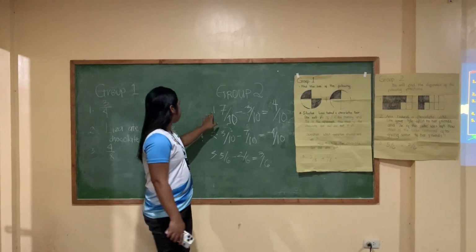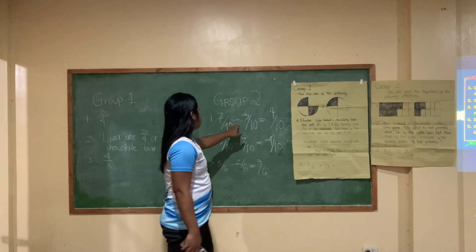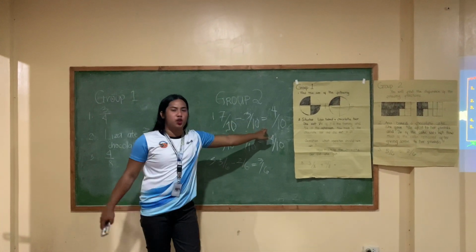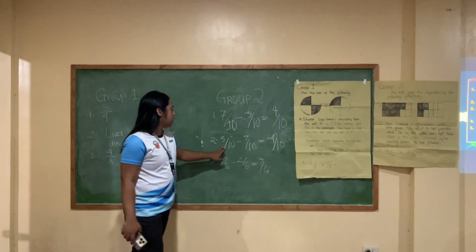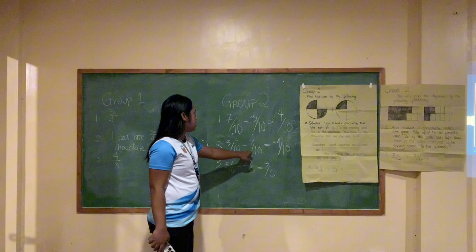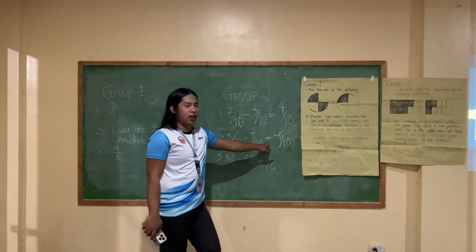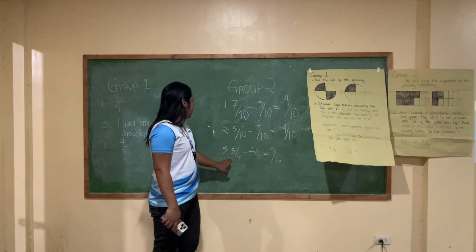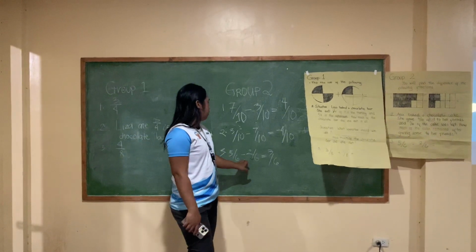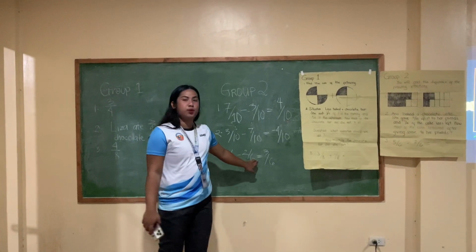Number 1. 7/10 minus 3/10 is equal to 4/10. Number 2. 3/10 minus 7/10 is equal to negative 4/10. Number 3. 5/6 minus 2/6 is equal to 3/6.